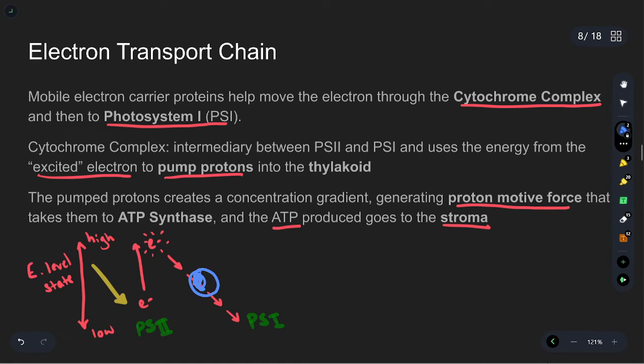Let's just say this is the cytochrome complex. It goes through the ETC, and it decreases its energy level state as it goes through this first leg of the ETC. When it reaches the cytochrome complex, the complex uses a lot of the energy from the excited electron to pump protons out, which develops that proton gradient, which ATP synthase uses to make ATP.